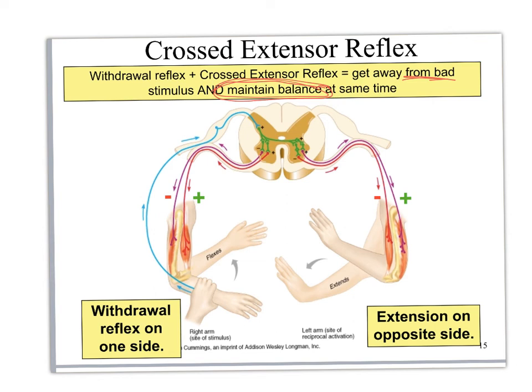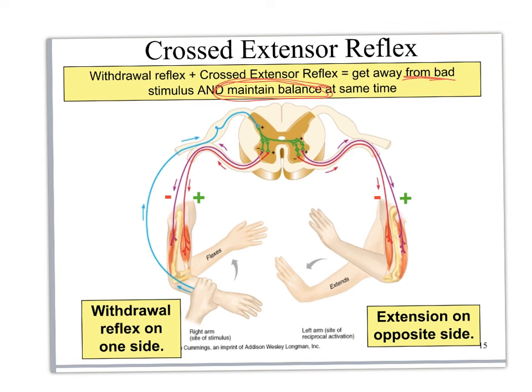So you have someone right here and the arm is grabbed. The cross extensor reflex causes this to go back in flexion, while it triggers this to go forward in extension to push away the stimulus. So if we're looking at these, you're dealing with muscle spindle and Golgi tendon organs.